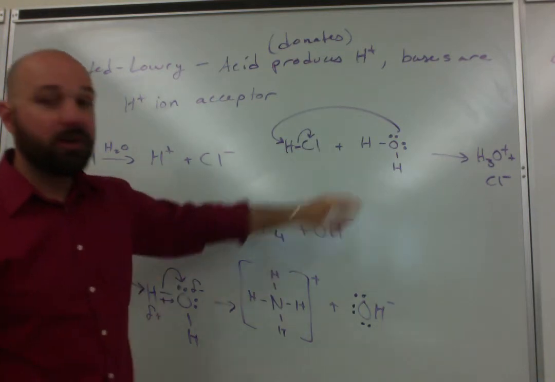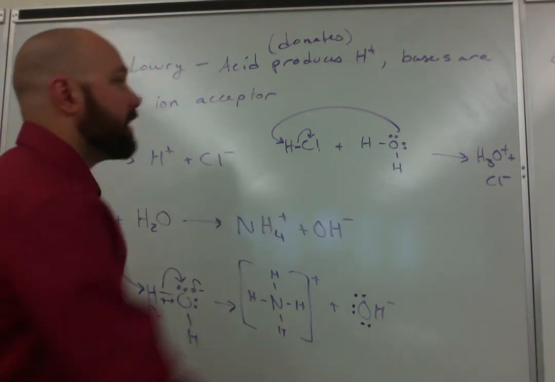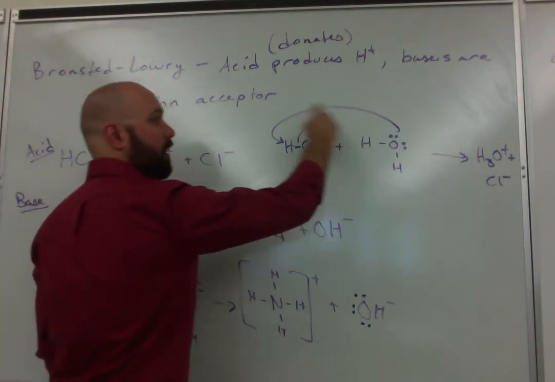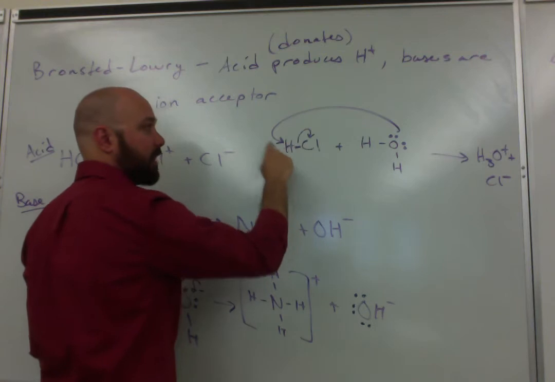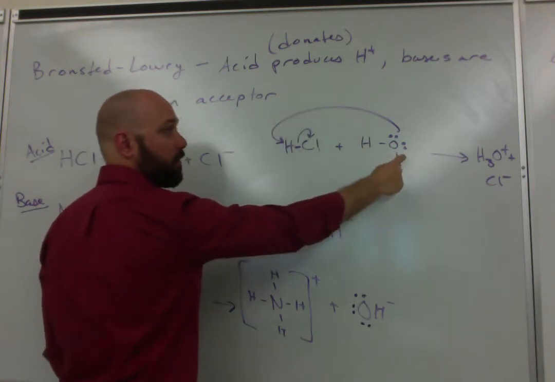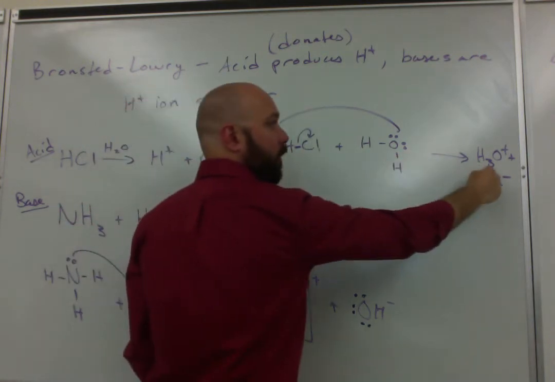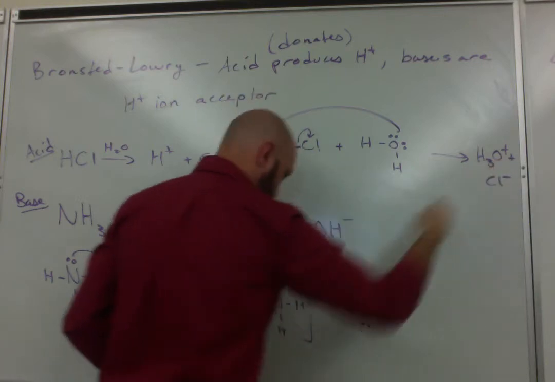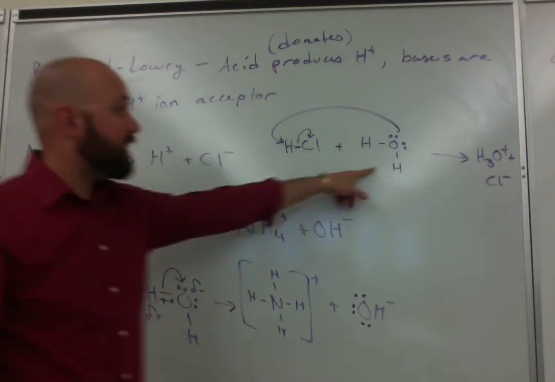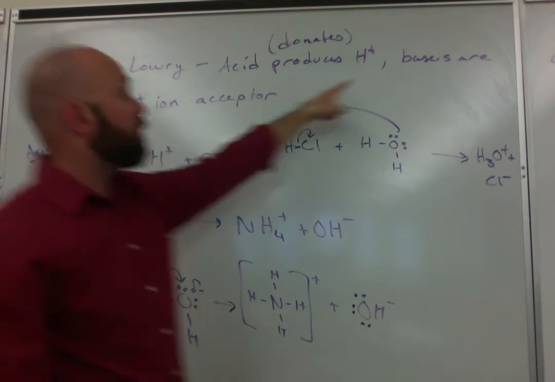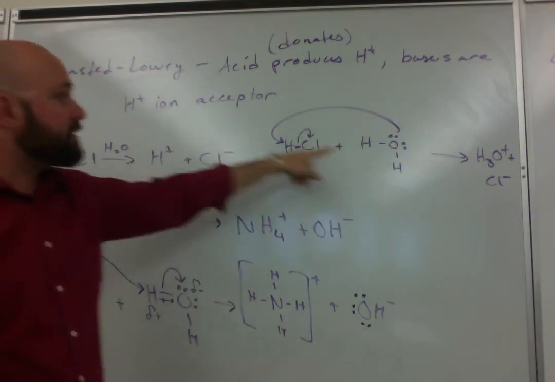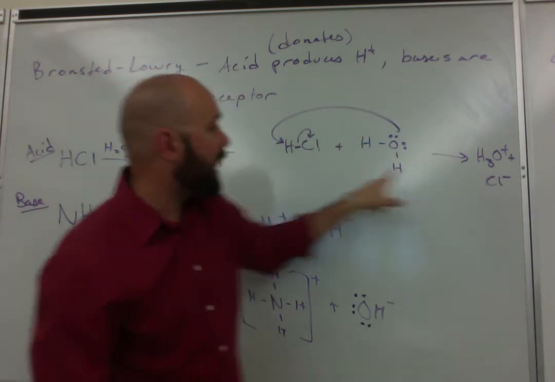And this is a better example of what's actually going on, is that water attracts the hydrogen ion. So the hydrogen ion is going to go onto water, making water now H3O+. Well, according to this, a hydrogen ion acceptor, water gains a hydrogen ion.